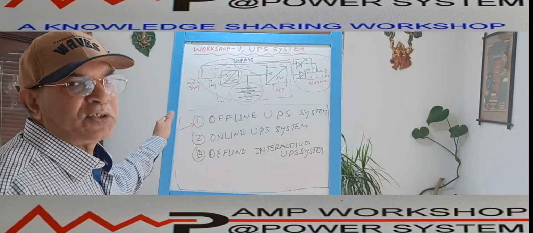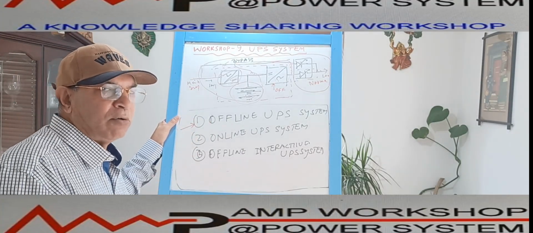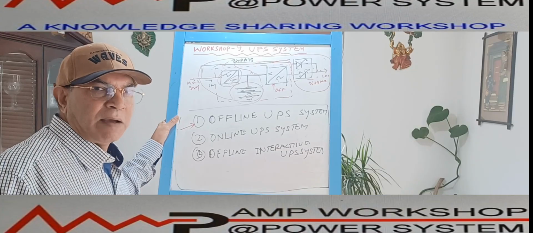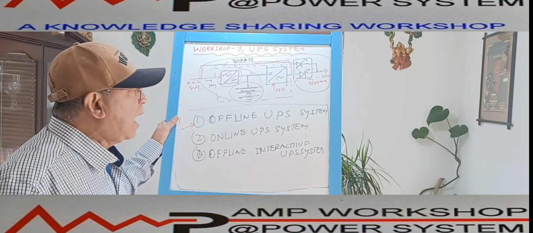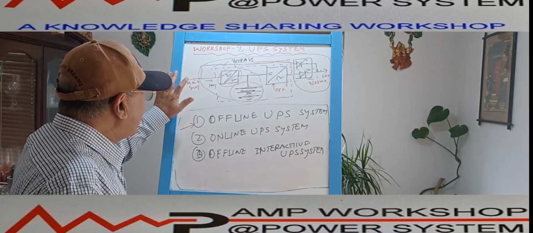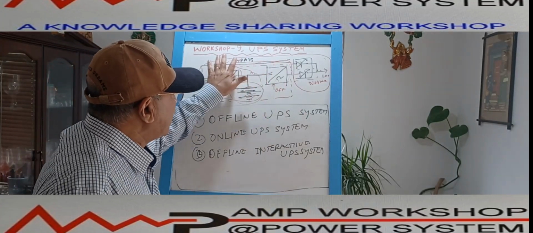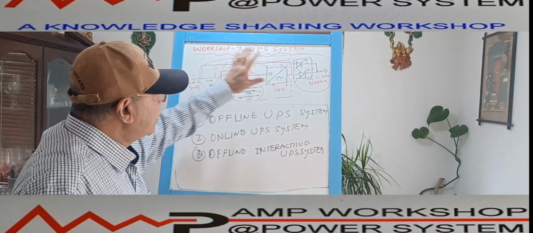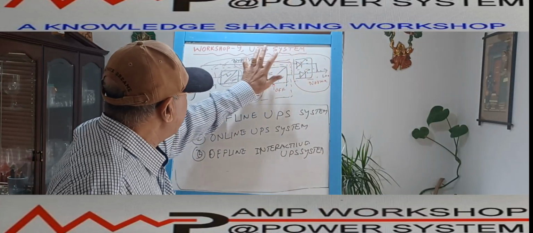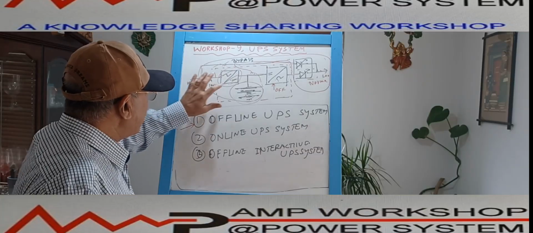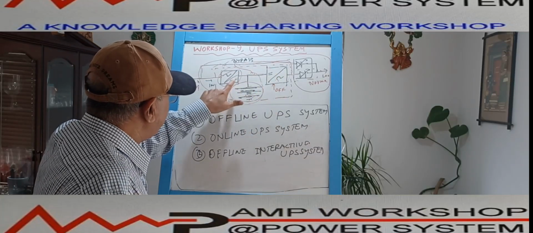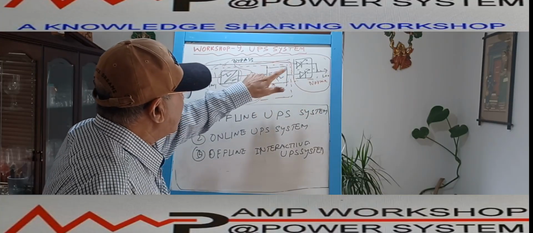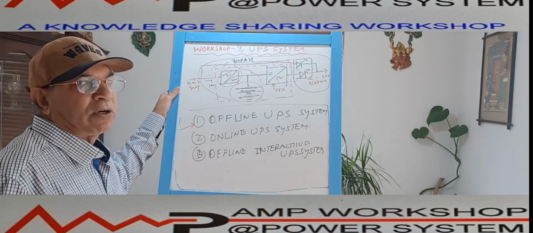In most domestic applications, in houses in rural areas or suburban areas, most of the houses have a battery-fed inverter. They work in this way. In normal condition, the bypass supply, or the main supply, goes directly to the load as usual. The moment the main supply fails, immediately the battery, which was getting charged during normal operation, is discharged through the inverter and supplies power to the load.